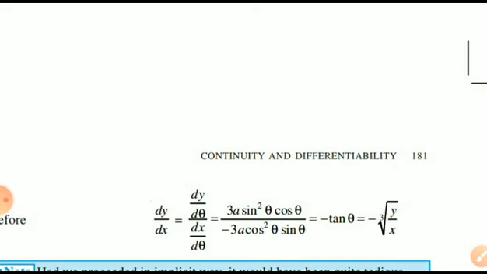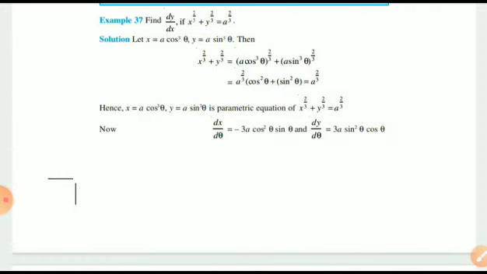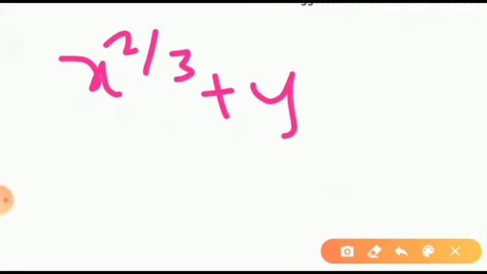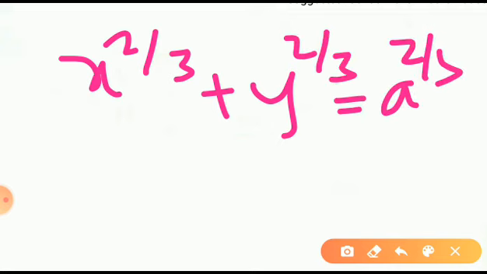But the same question, if we do it by using our simple method, x raised to 2 by 3 plus y raised to 2 by 3 is equal to a raised to 2 by 3. I have to find dy by dx.